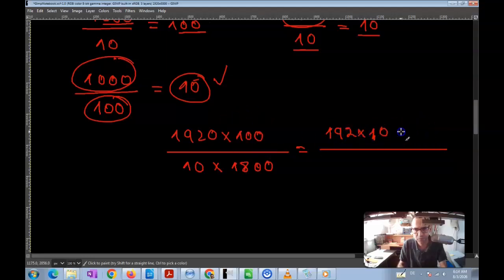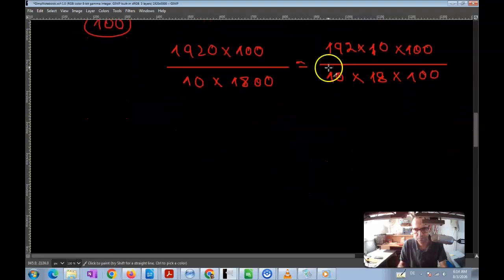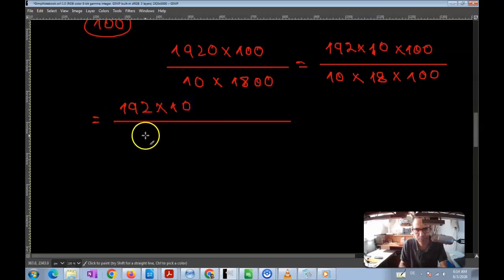And then we have 100 over here, and then 10 over here times 1800. And 1800 is the same thing as 18 times 100, right? Now I could write this fraction as 192 times 10 over 10 times 18, right?